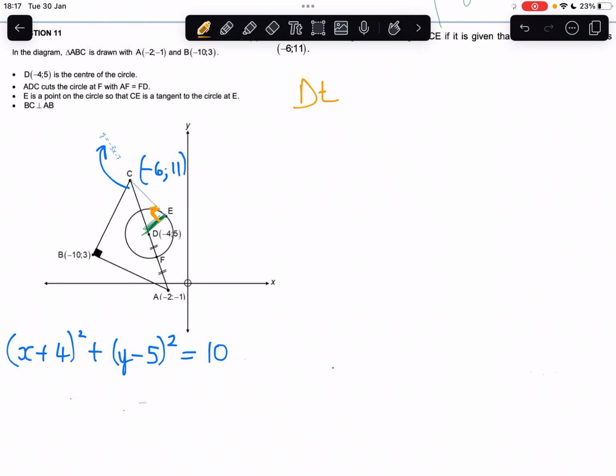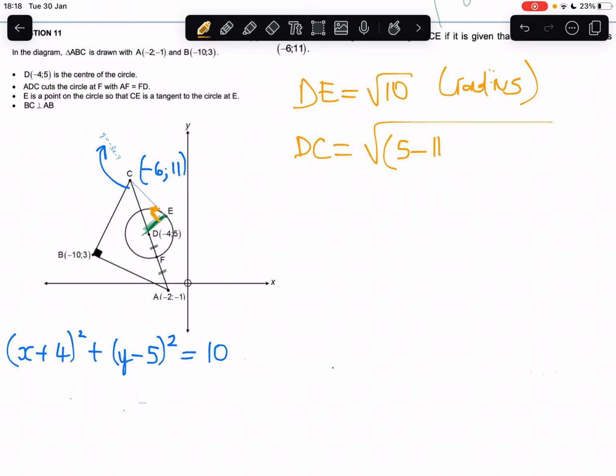Right, so we know that DE is equal to the square root of 10 because it's a radius. And then we don't know what DC is, but we can work it out by using the distance formula. So we've got (5 - 11) squared, that's the coordinates of C, and then plus we've done the y coordinates, let's do the x coordinates.